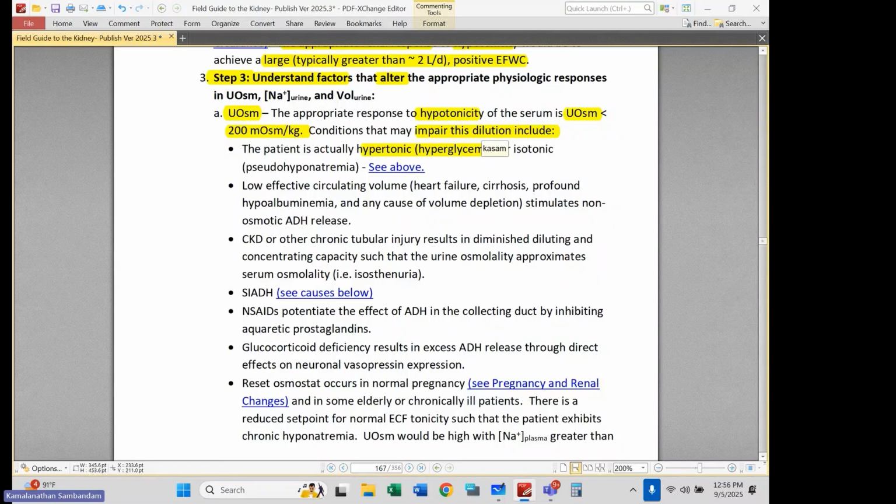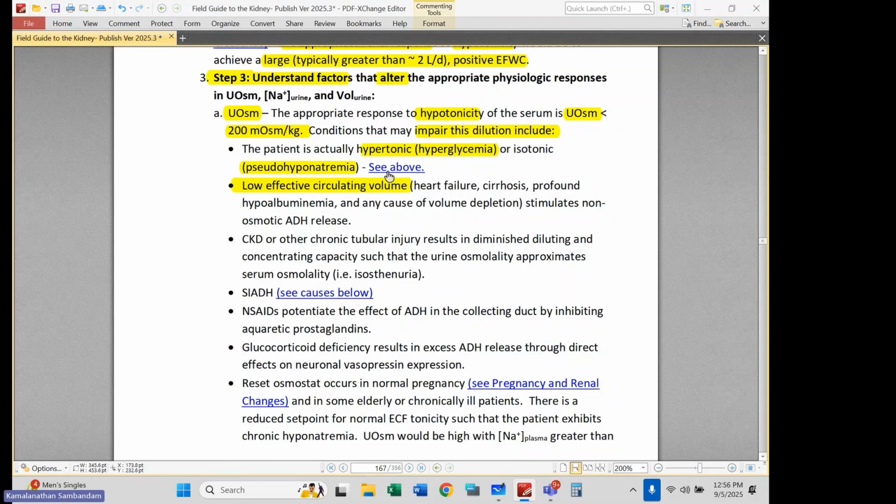So a hyponatremia from hyperglycemia would tell my brain to be thirsty as well as secrete ADH. So my urine osmolality would obviously not be low in that scenario, right? I'm responding to hypertonicity, okay? Obviously, if I have pseudohyponatremia as well, my urine osmolality can be variable.